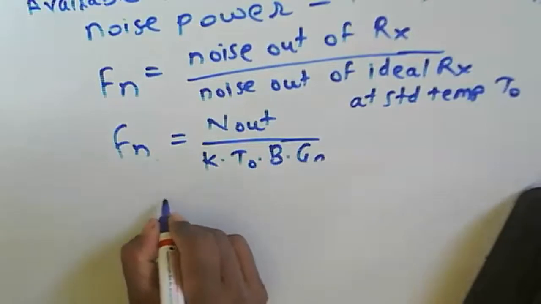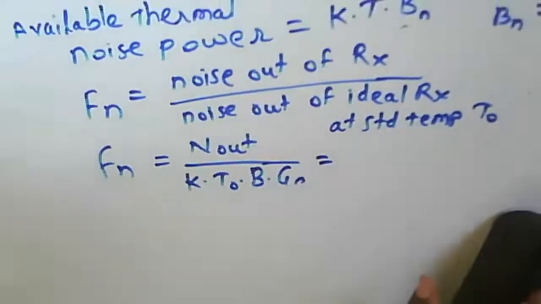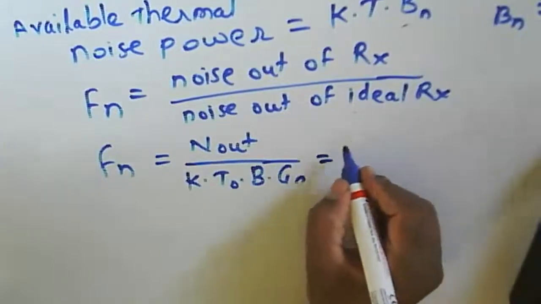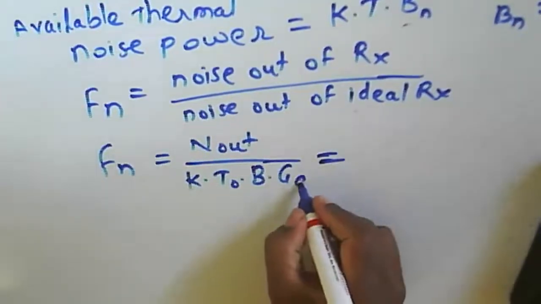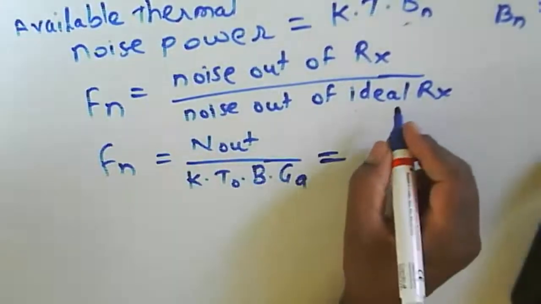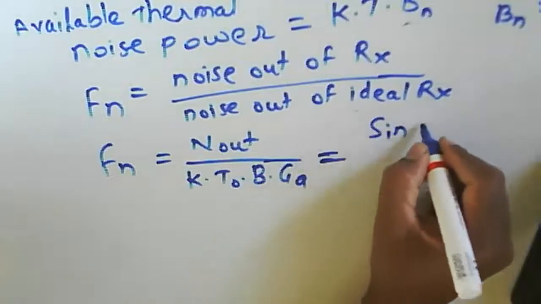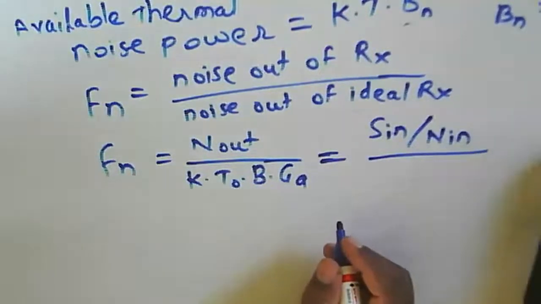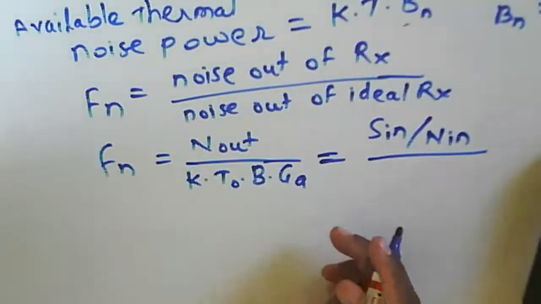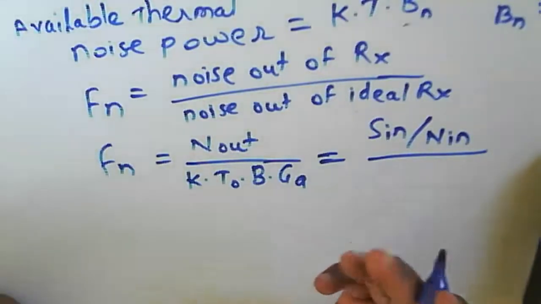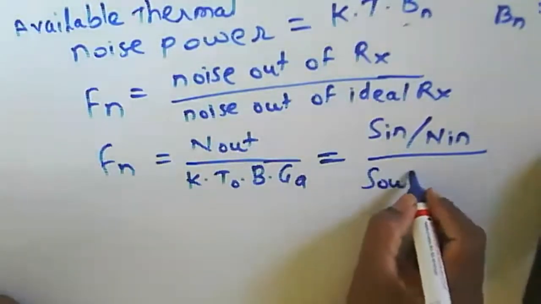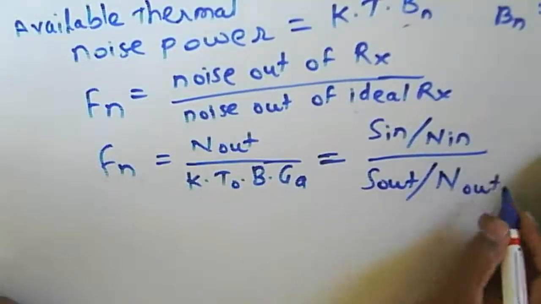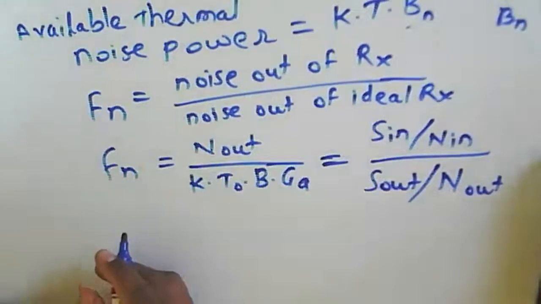So we can write the equation again here: F is equal to the signal input with respect to the signal output.